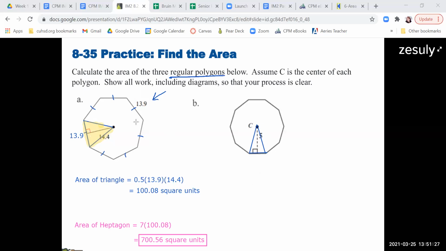It's 5. Just like we knew the height on the part A was 14.4, we know the height here is 5. So we have the height of that triangle. What we don't know is the base. So we need to do a little extra work to find the base of that triangle so that we can find the area of the triangle so that we can times by however many triangles we have.